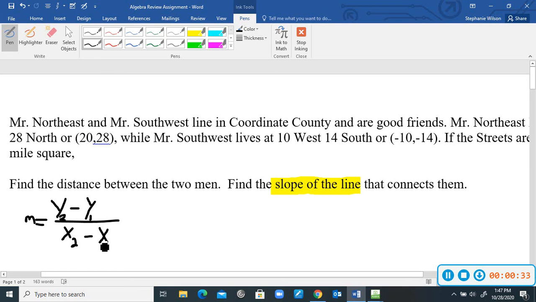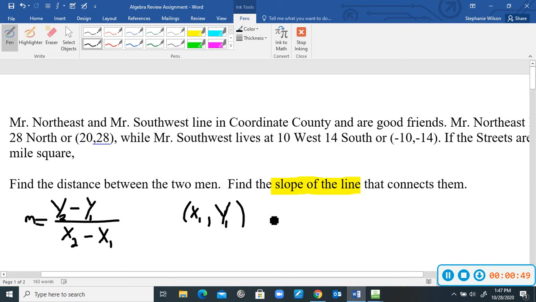So a little helpful hint over here is that we know we have two ordered pairs. In order to find a change, you have to find at least two ordered pairs. And I'm going to call this first ordered pair my x1, y1.